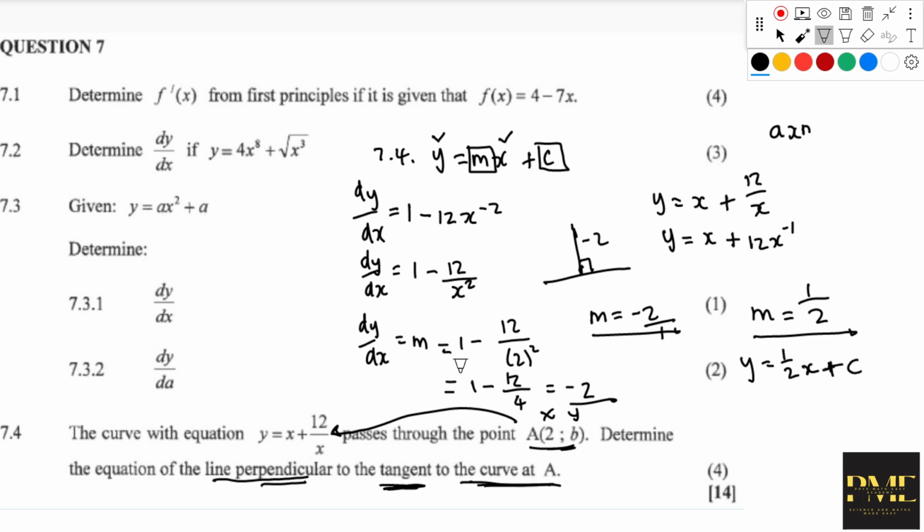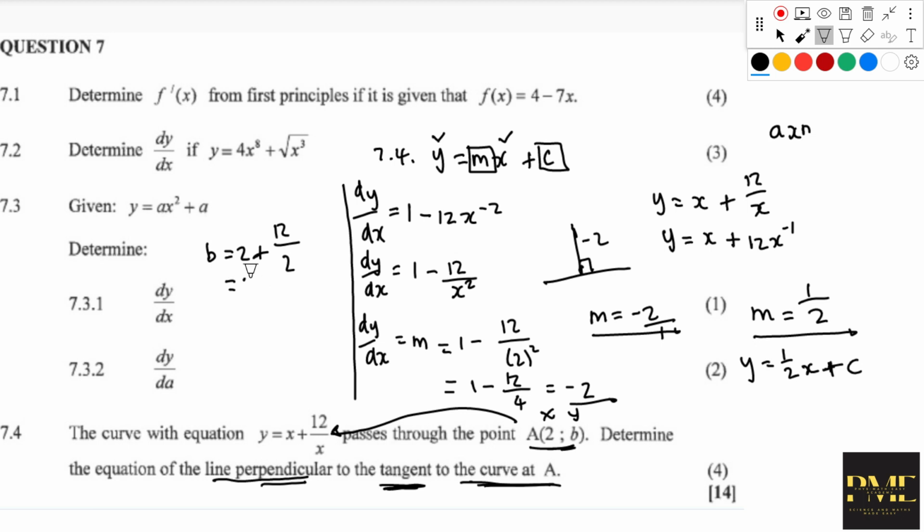So what do we know about coordinates? When we see coordinates we see x and y, and if you have an equation and are told a point lies on that equation, you can find the missing coordinate by substituting the known one into your equation. So we can find y at this point, which we call b. So b equals, where we see y we put b, and where we see x we put 2, plus 12 over 2, guys.